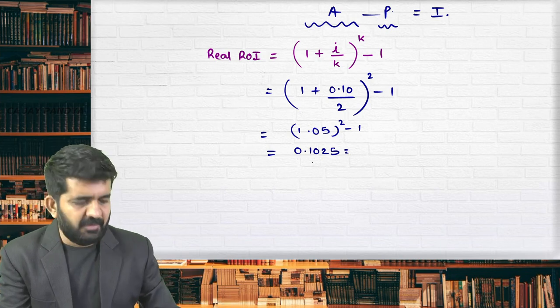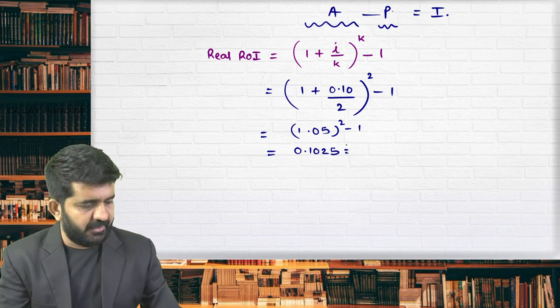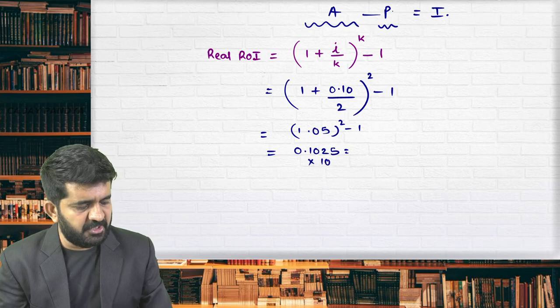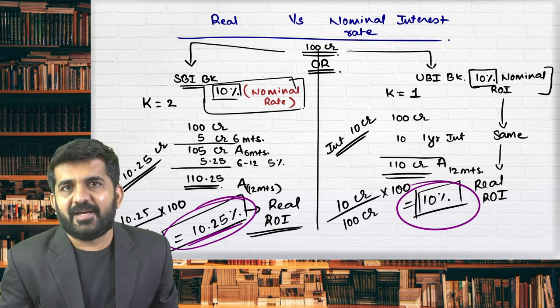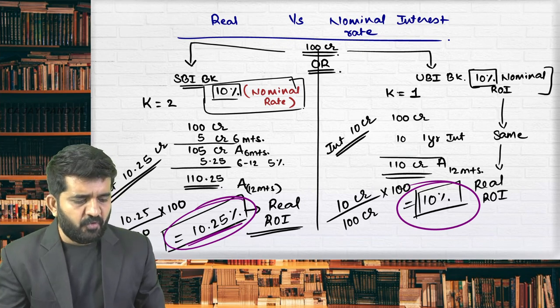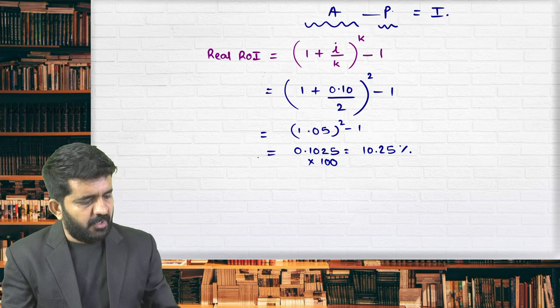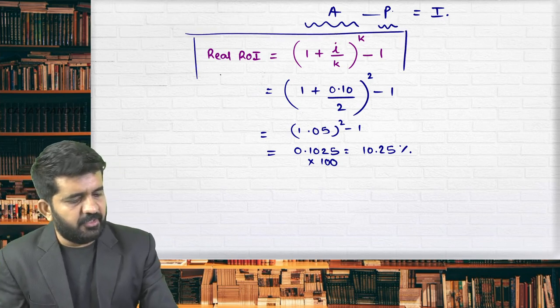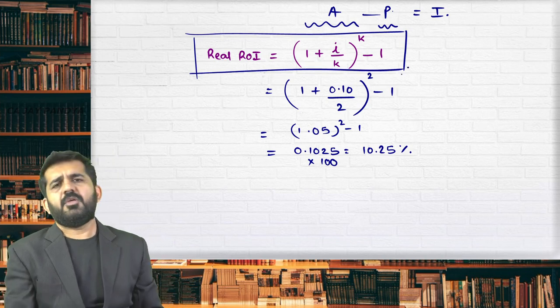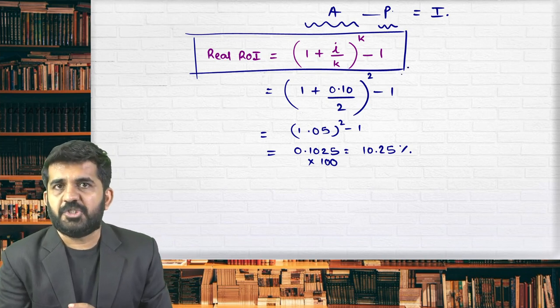Multiplied by 100. If I want to find out in percentage, it will be multiplied by 100, which is nothing but 10.25%. So my answer is also absolutely correct. So this is one more formula in our formula book, which finds the real rate of interest from any question. Is it alright?